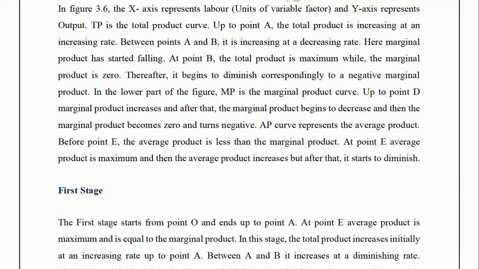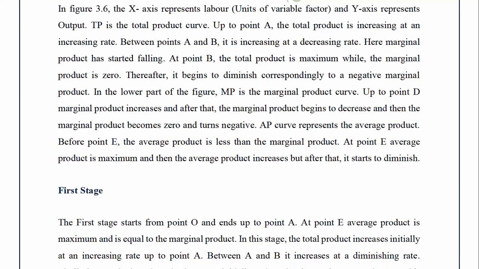Between points A and B, it is increasing at a decreasing rate. Here, marginal product has started falling. At point B, the total product is maximum while the marginal product is 0. Thereafter, it begins to diminish, corresponding to a negative marginal product.